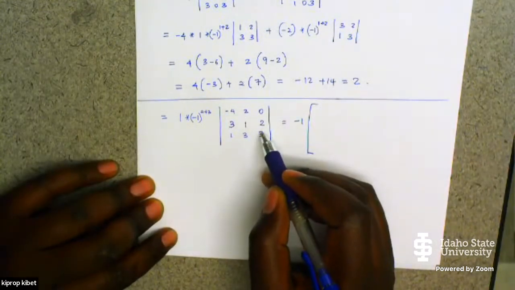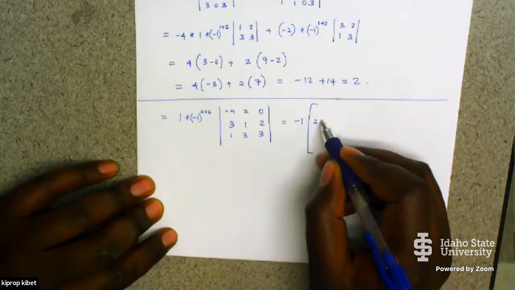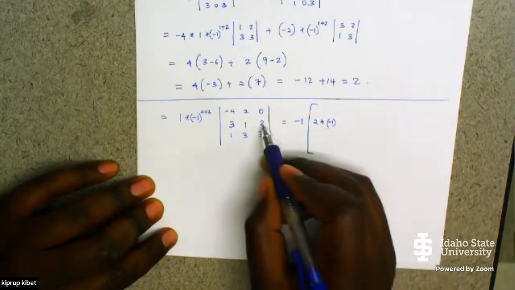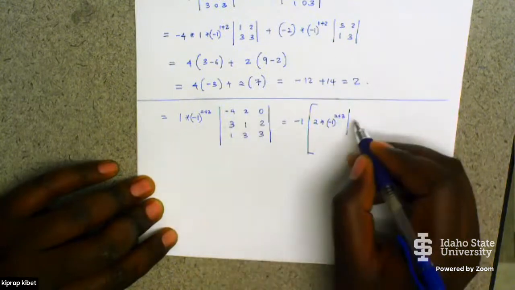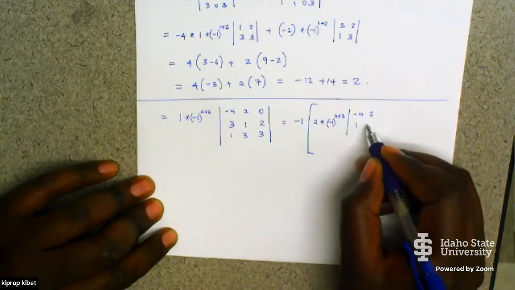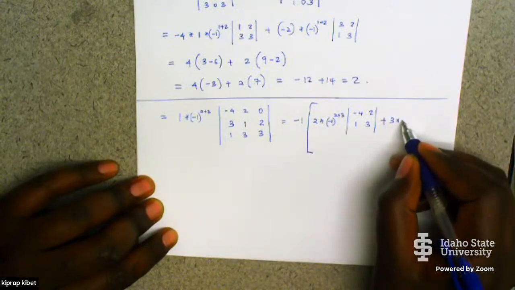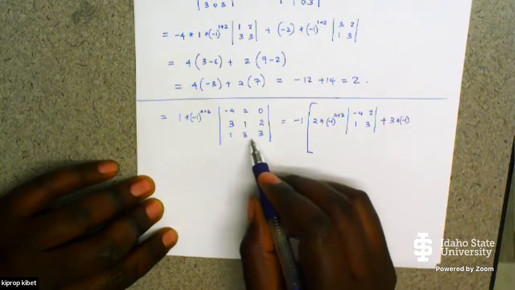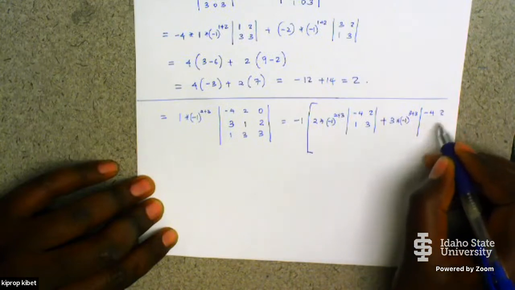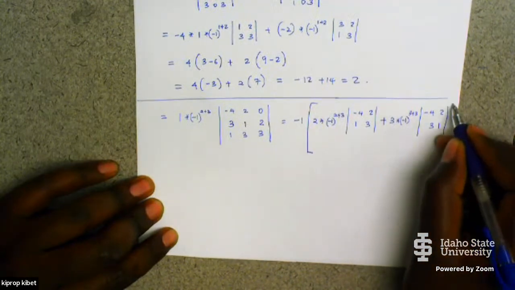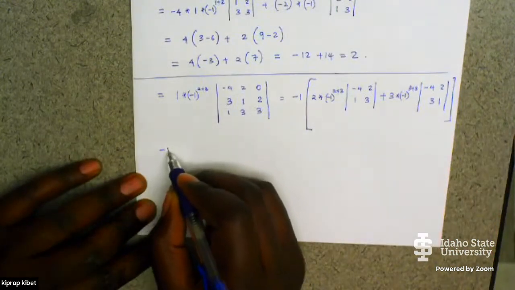So which one did you use? The last column here, right? So 2, and then multiply by -1 raised to 2 plus 3, determinant of -4, 2, 1, 3. Plus 3, right? 3 multiplied by -1 raised to 3 plus 3, determinant of -4, 2, 3, and 1. So we come next. -1 is outside.